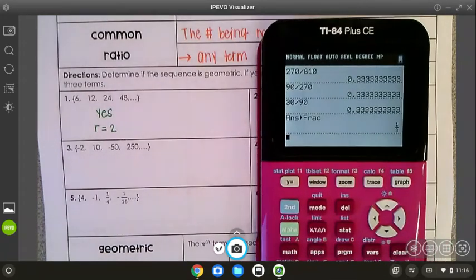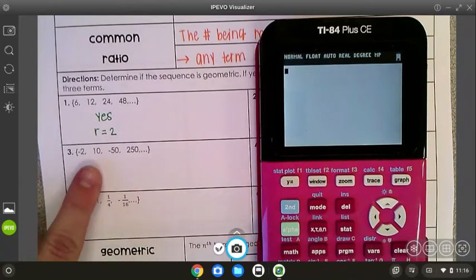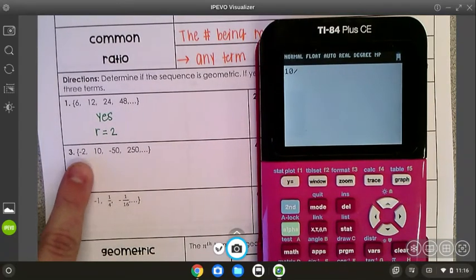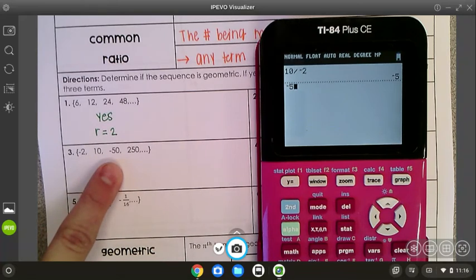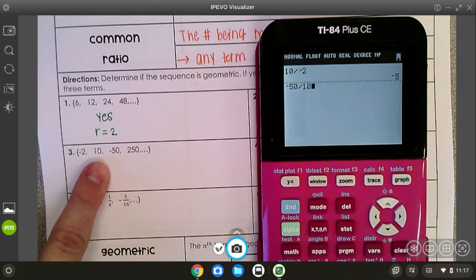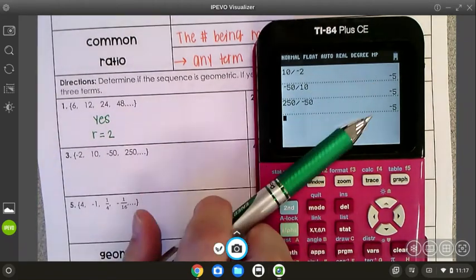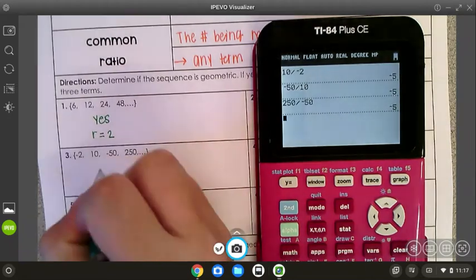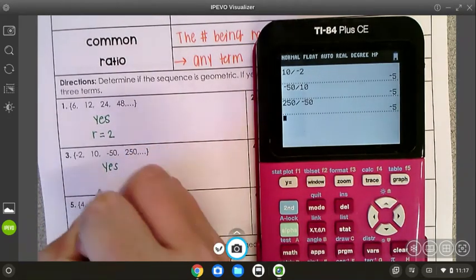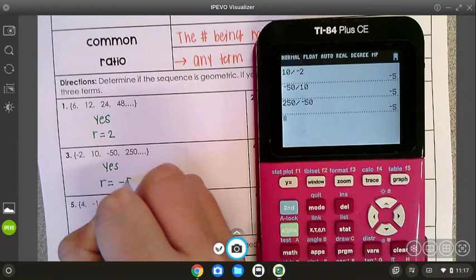Okay. Number 3, 10 divided by -2. -50 divided by 10. And 250 divided by -50. We get the same number every time, so that means it's yes. And r equals -5.